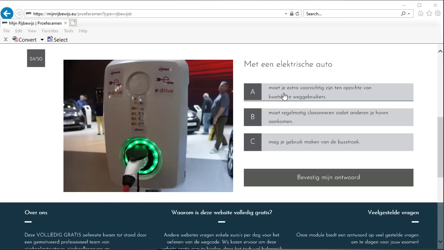Option B is you must regularly honk the horn so that the others can hear you coming. Option C is you may make use of the bus lane.